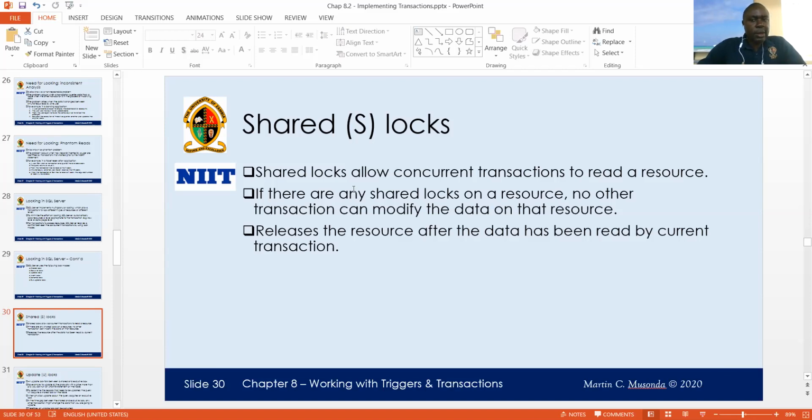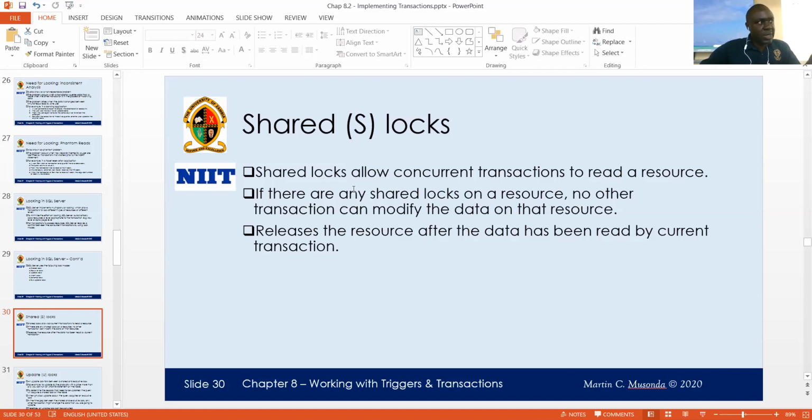Even before the data is committed, but once it has been read, what I mean is this. When the transaction starts, maybe the first part starts with a select statement. It will read data from the table or tables. During the time that it's reading, another transaction will not be allowed to access it.